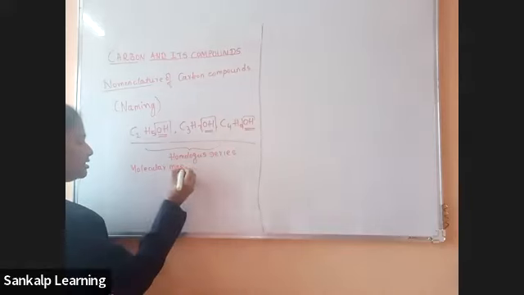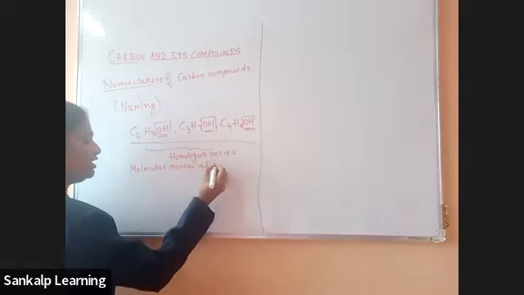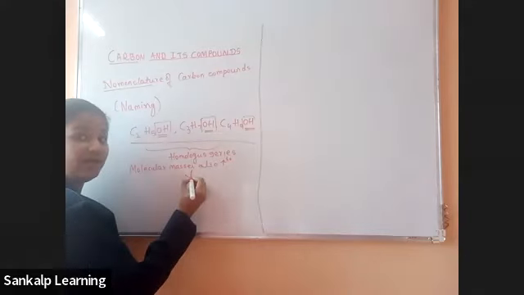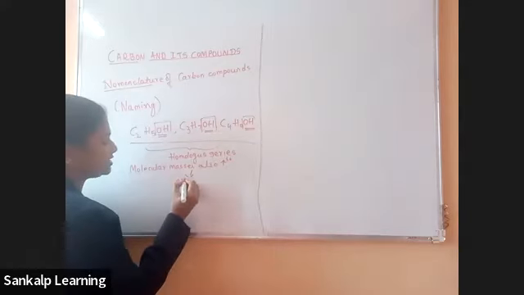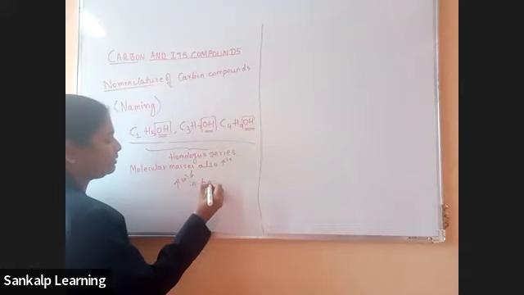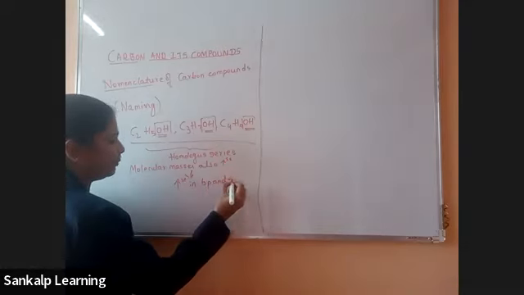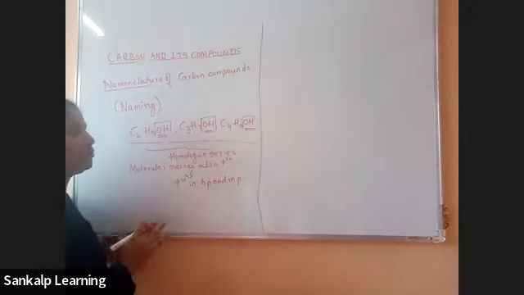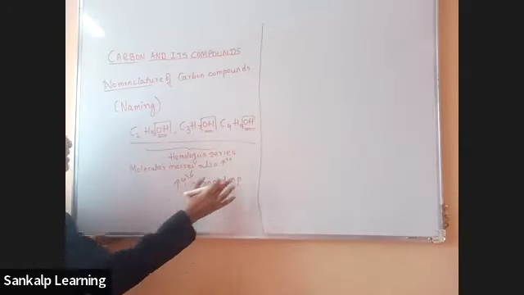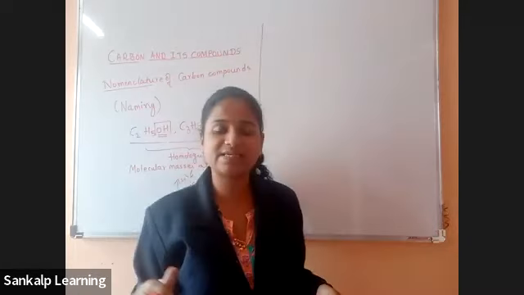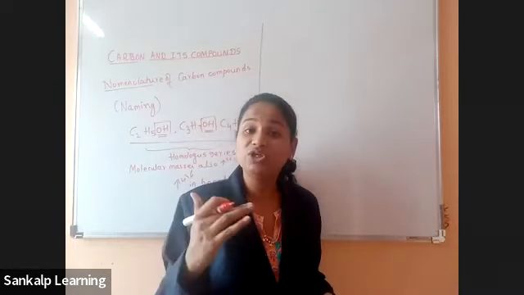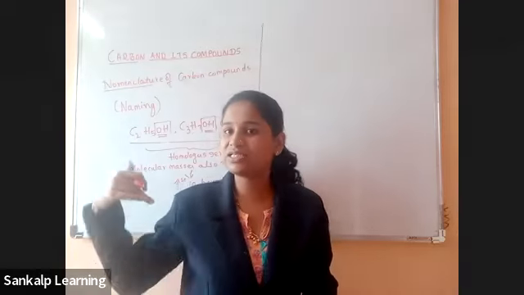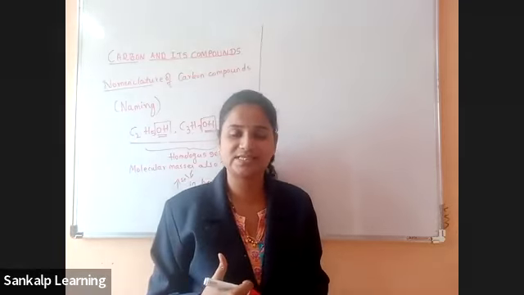When molecular mass increases, the boiling point and melting point of the compounds also increase. All will have the same chemical properties, but the melting point and boiling point mainly depend upon the molecular mass. Molecular mass depends upon the number of carbon atoms. So this is regarding the homologous series.